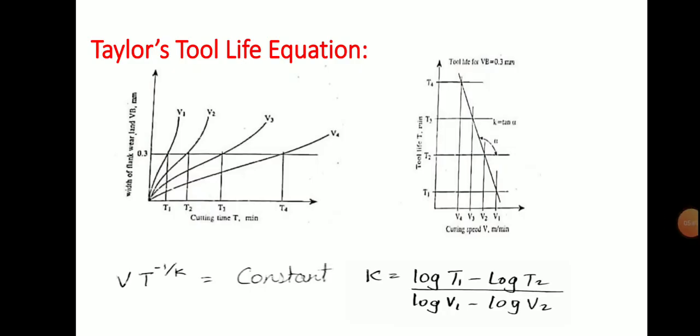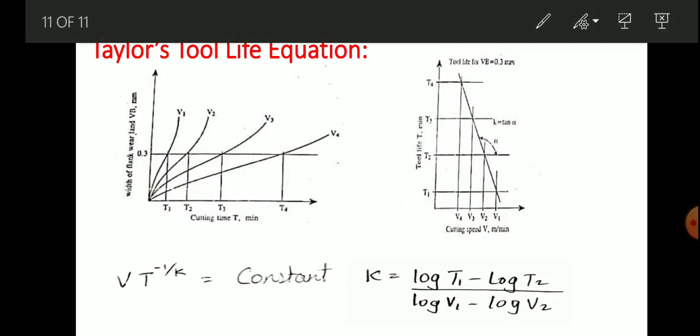Here we can see two graphs. In the first graph we can see the relationship between cutting time and tool wear. In the second graph we see the relationship between cutting speed and tool life. Taylor's tool life equation gives the relationship between cutting speed and the tool life, determined from the plots of wear rates at the various cutting speeds.